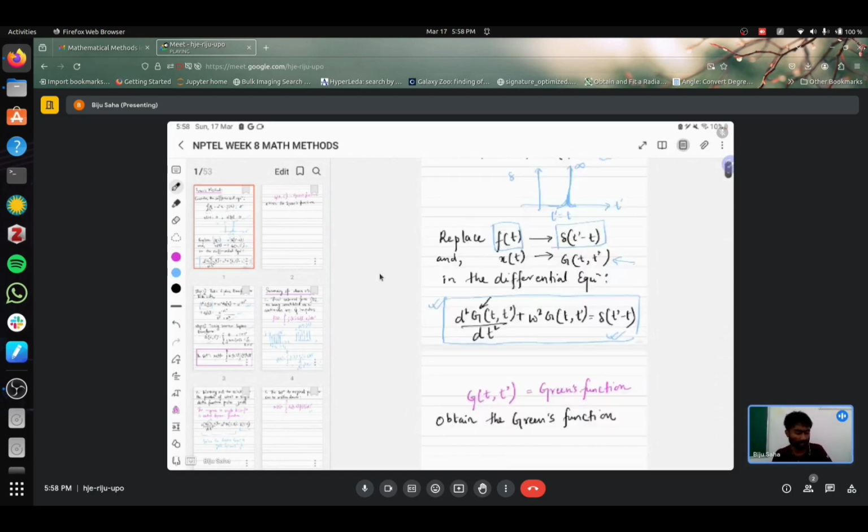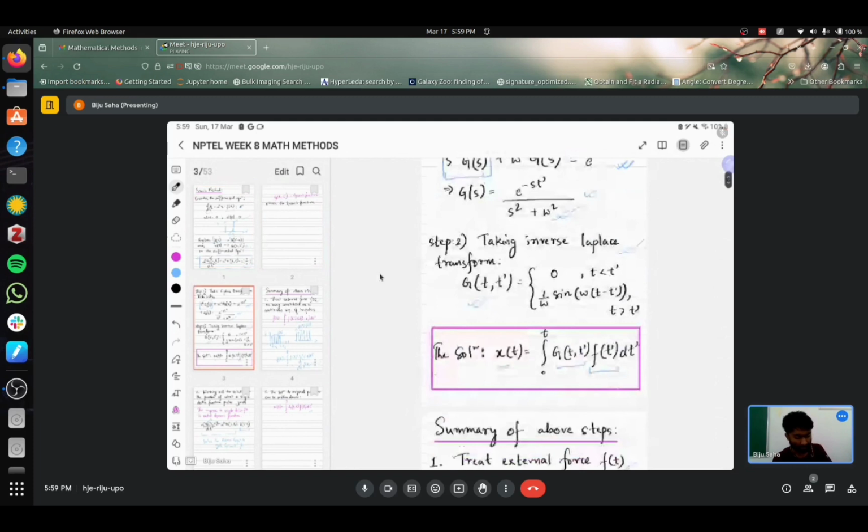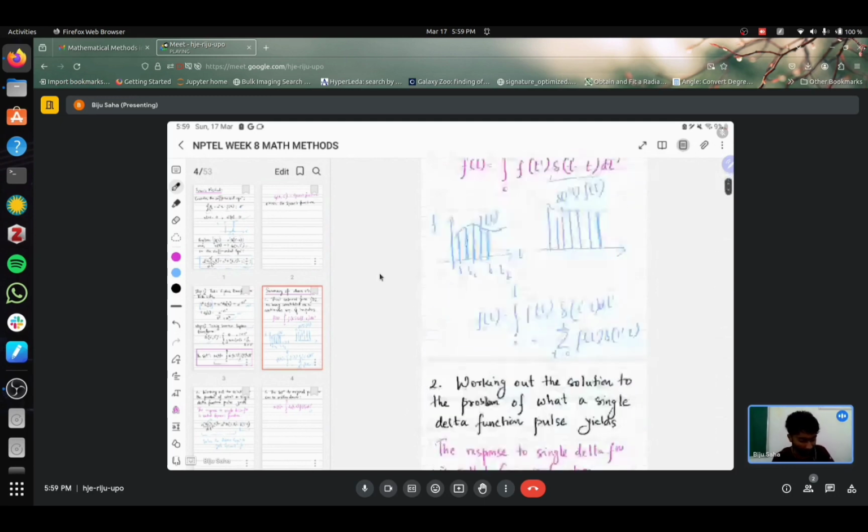Once we have this differential equation, we apply the inverse Laplace transform to obtain the expression for the Green's function. Then we obtain the original solution x(t) by integrating the function f with the Green's function. That was our method in the first step.